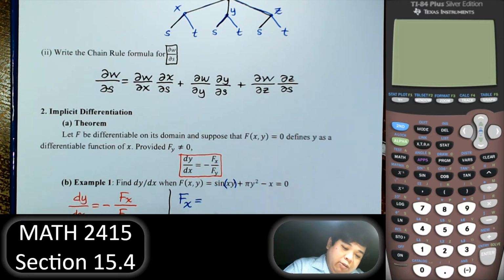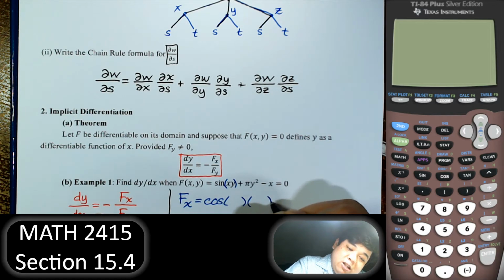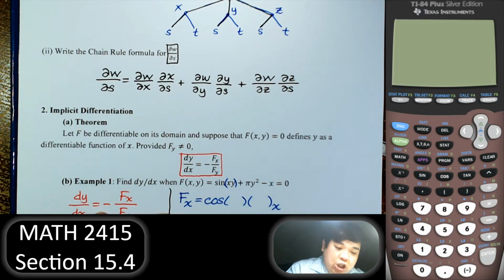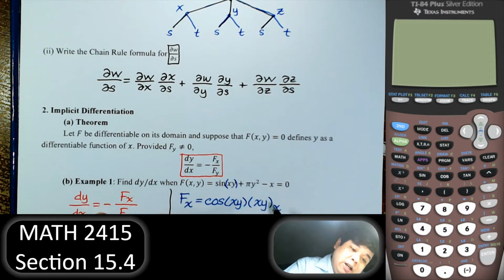So the derivative of sine is cosine of the parentheses. It doesn't matter what the parentheses is. We're going to take the derivative with respect to x. So this is the chain rule. The derivative of sine of xy. Derivative of y squared is 0 because there's no x in it. Everything else is constant. So that's 0.